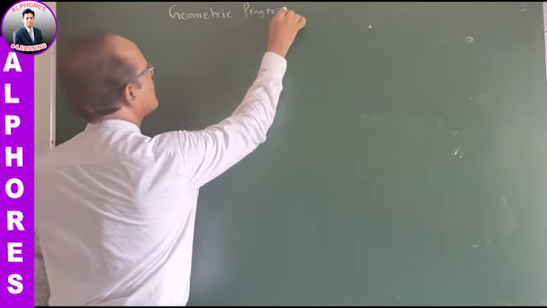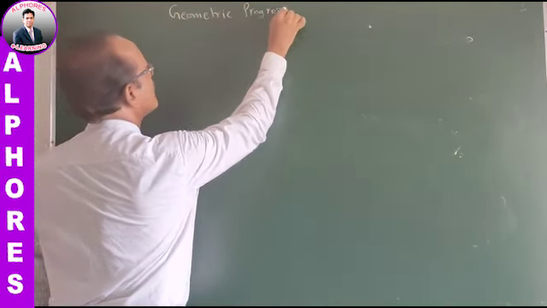Right, GP. So the basic definition is, a sequence is said to be a geometric progression if the ratio of each term to its preceding term is always the same.